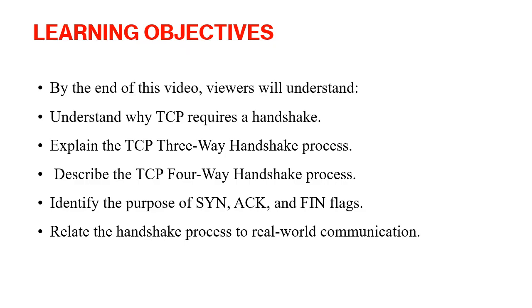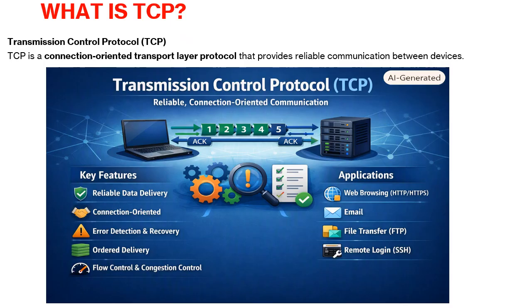Let's first understand what TCP actually is. TCP stands for Transmission Control Protocol. It is a connection-oriented protocol that works at the transport layer of the OSI model. Unlike UDP, TCP establishes a connection before transmitting the data. Its main objective is to ensure reliable communication.